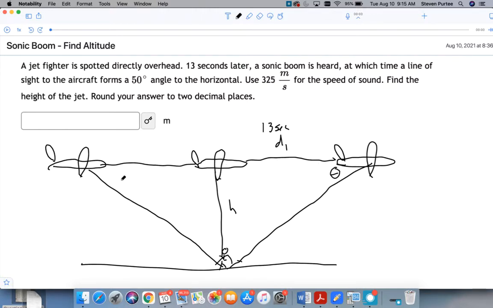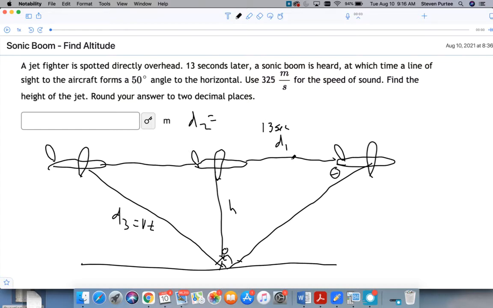So if we call this entire distance up here d2, and this distance down here d3, we're going to have a lot of d's here. Then we could say this distance here, the sound traveled, this is the speed of sound times our time, in the same time that the plane traveled this long distance.